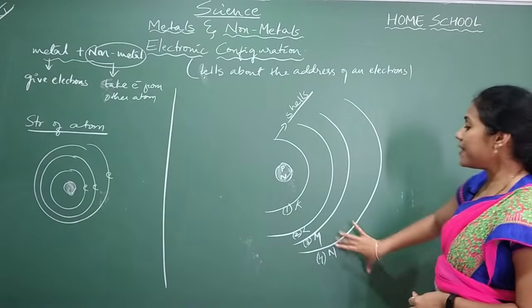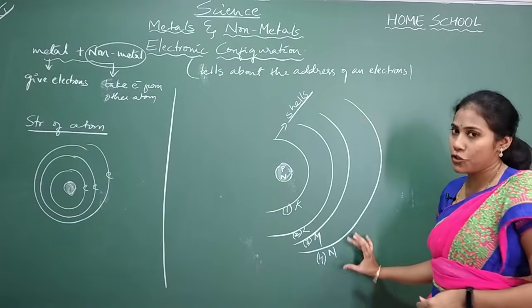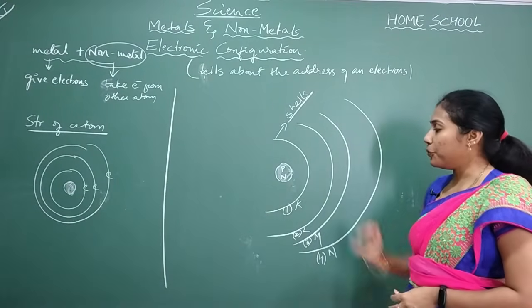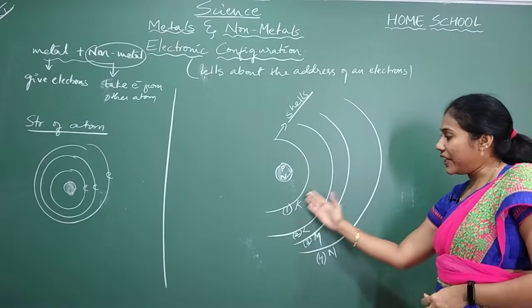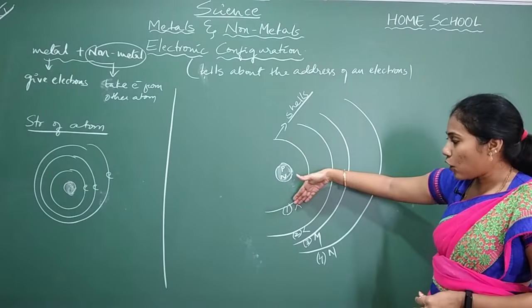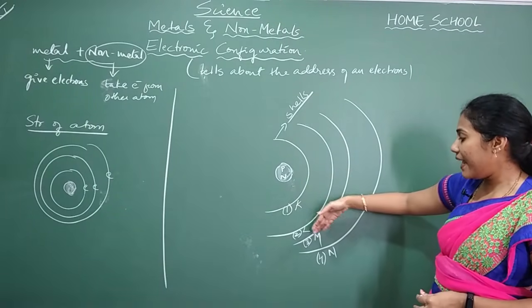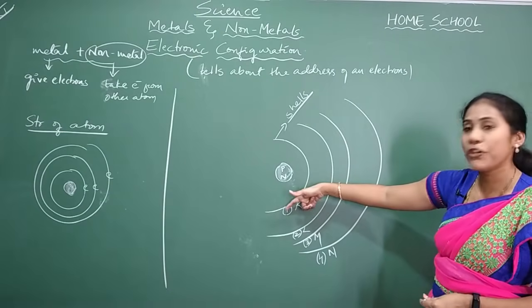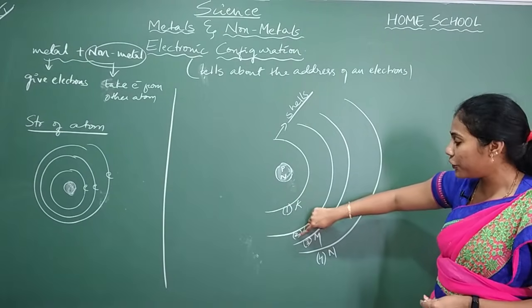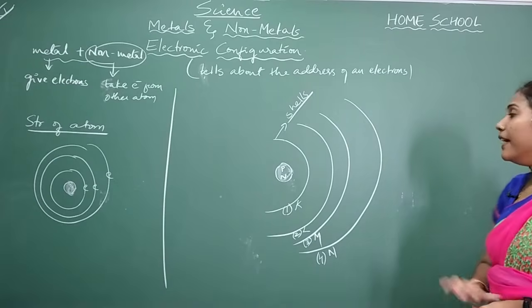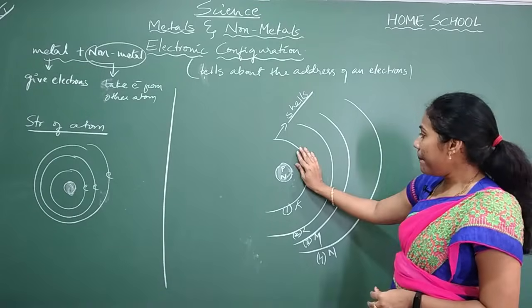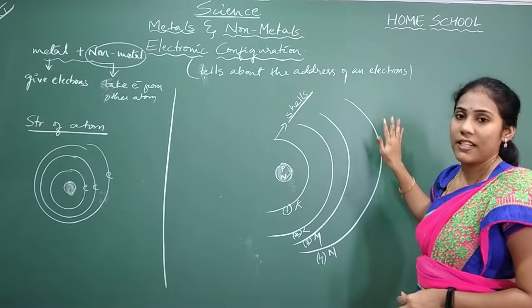Clear? This is a very fundamental aspect you should all keep in your mind. Around the nucleus, you have various shells. They are called with the alphabets K, L, M, N, and also with the digits 1, 2, 3, 4.